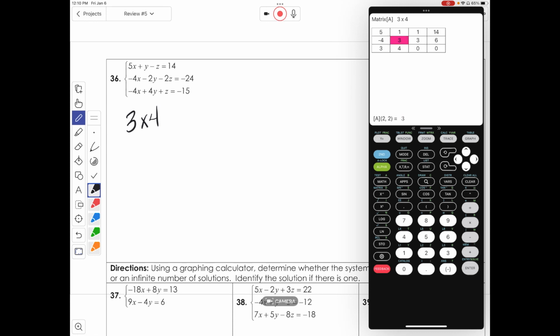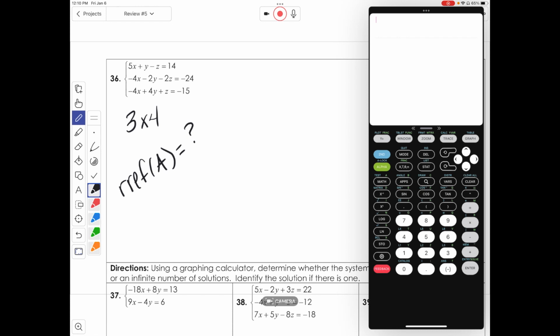Negative 4, negative 2, negative 2, and negative 24. Negative 4, 4, 1, and negative 15. So I've built my matrix, and I'm going to look for the solution of that particular matrix.